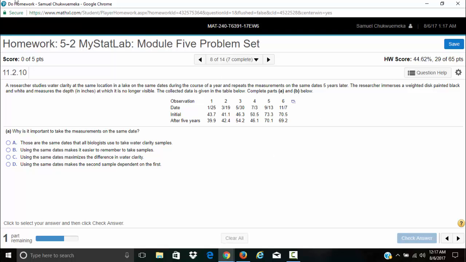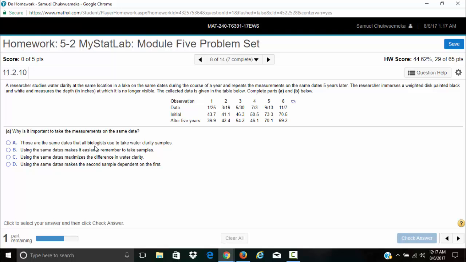So we have this data here, and it says, why is it important to take the measurements on the same date? If you first of all look at this data, this is matched pairs data. Matched pairs is when you have samples and there is a relationship between those samples, and it is dependent.